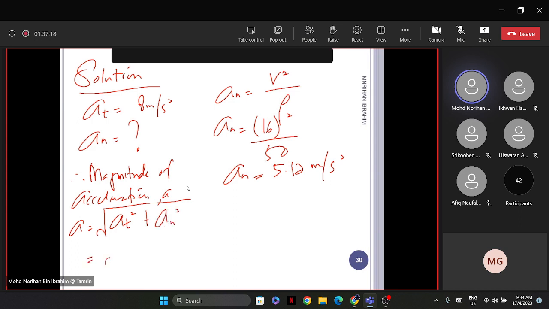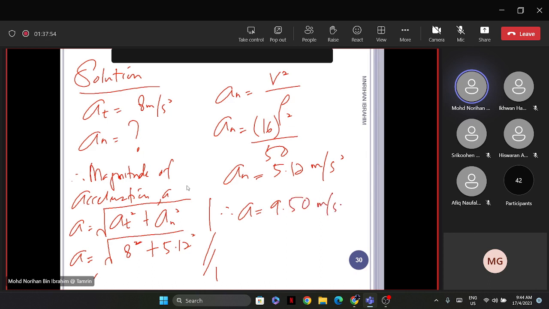Just substitute into this equation all of the results that you obtained from the previous steps, which in this case AT is 8 squared plus 5.12 squared. And if you solve this by using the Pythagorean theorem, you will get the answer, which is equal to 9.50 meters per second squared.